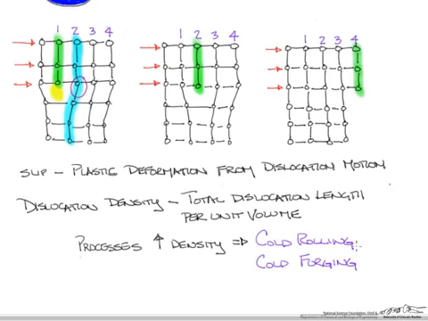In these cases, we're assuming that our material is below its recrystallization temperature. So cold rolling and cold forging are examples of processes below recrystallization. So just remember, the next time you permanently deform a metal, what you have actually done is a large amount of dislocation motion.